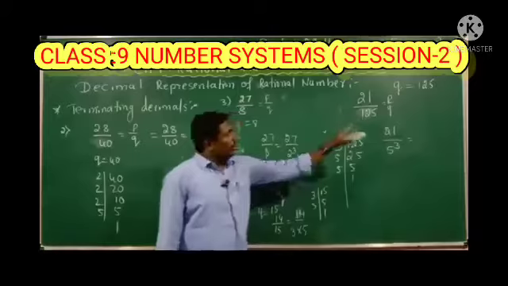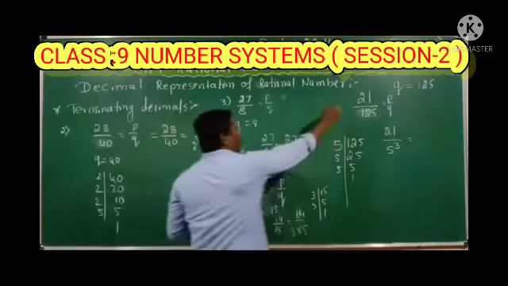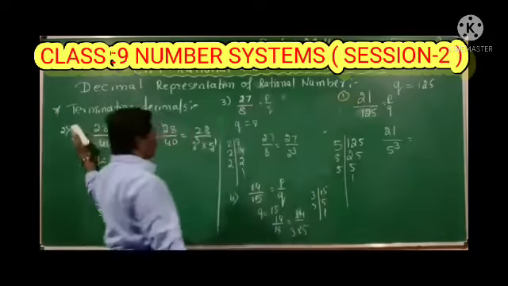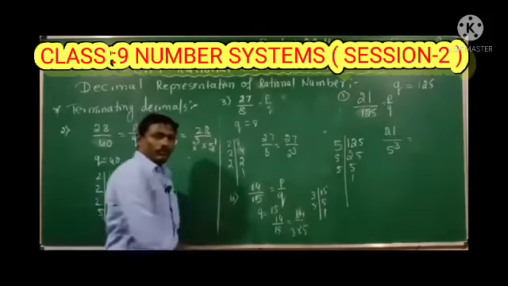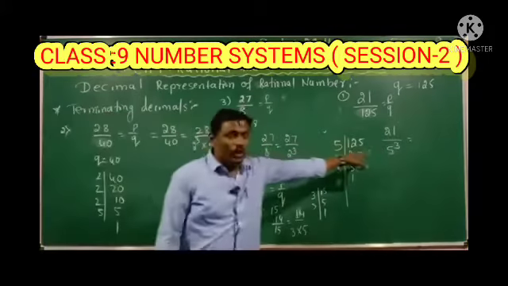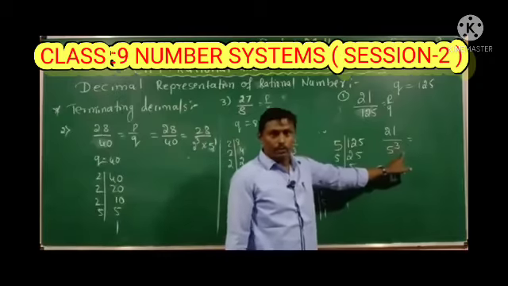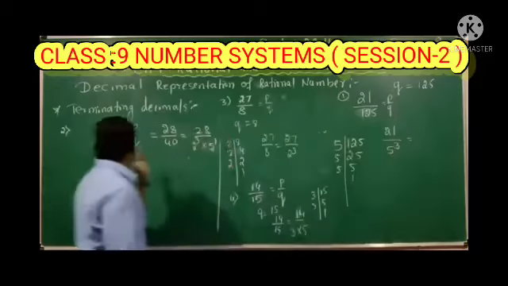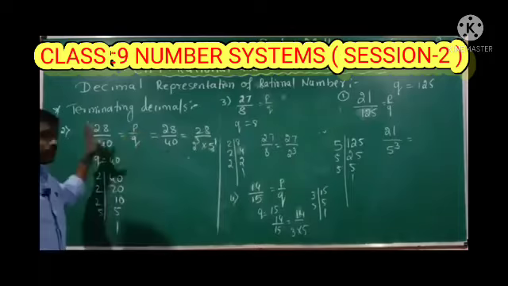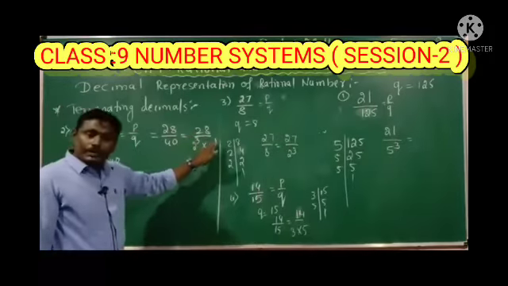Now observe all these 4 examples. This is the first example, second one, third one, fourth one. In the first example, what are we getting in the denominator? 5 cube. In the second example, after the prime factorization, we are getting 2 cube into 5 raised to 1.